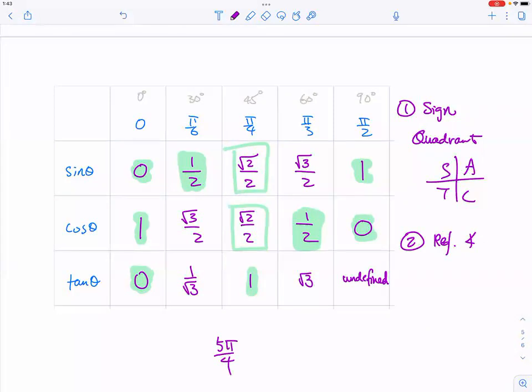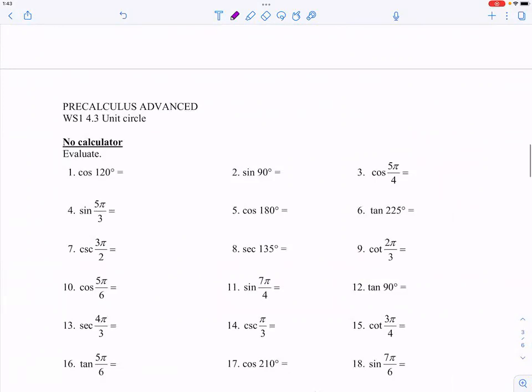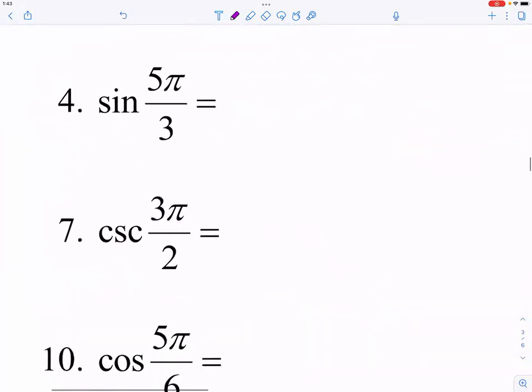Now let me give you a few practice problems to see how this is being used in real time. I'm going to use number 4 on the worksheet. First, I look at the quadrant. What quadrant is this angle? Quadrant 4, and its sign must be negative.